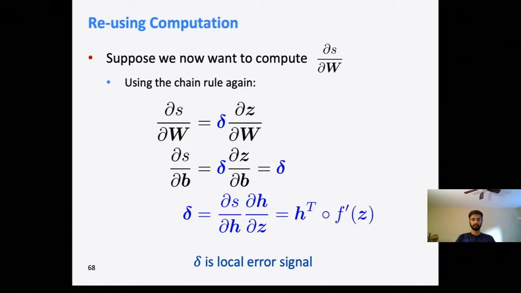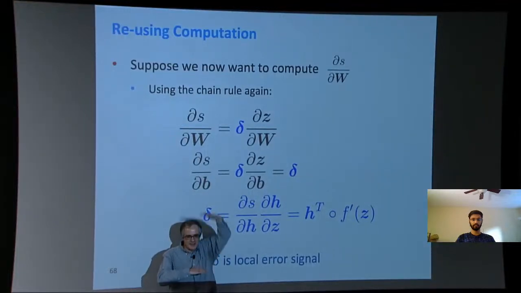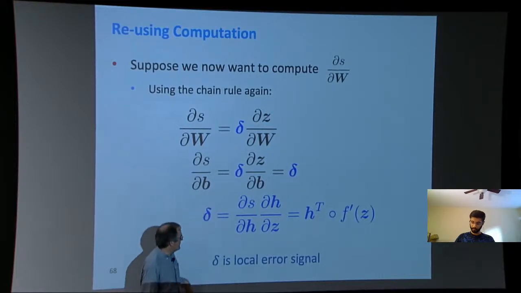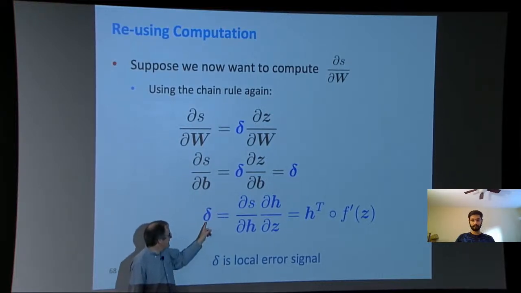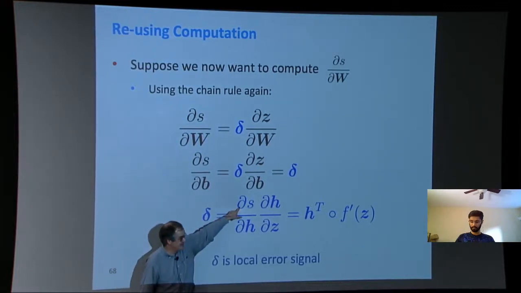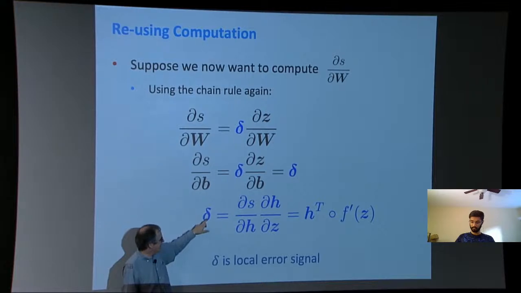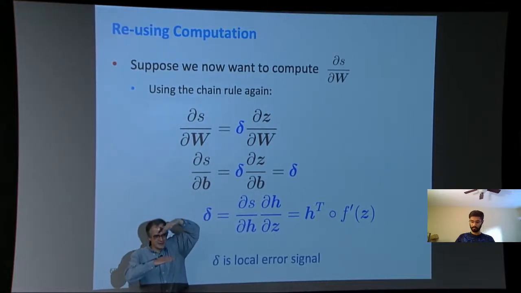And so effectively, these partial derivatives correspond to the computations in the neural network that are above where W and B are. And so those are commonly referred to as delta. Note delta, which is different from partial derivative d. And so delta is referred to as the error signal in neural network talk.